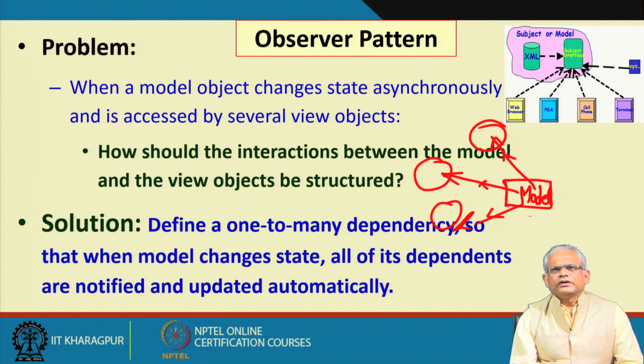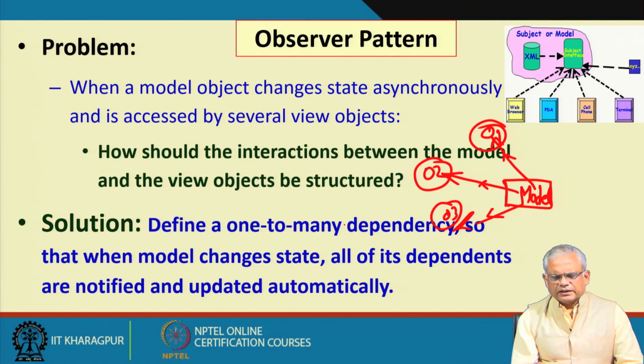So, whenever there is a model change, the observers will get notified, observer 1, observer 2, observer 3 and so on. But the problem here is that the observers can come anytime and go anytime.